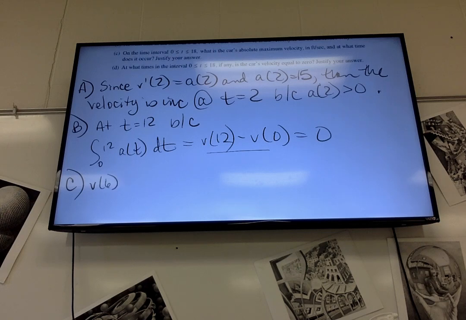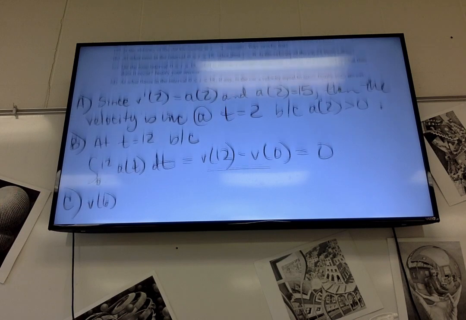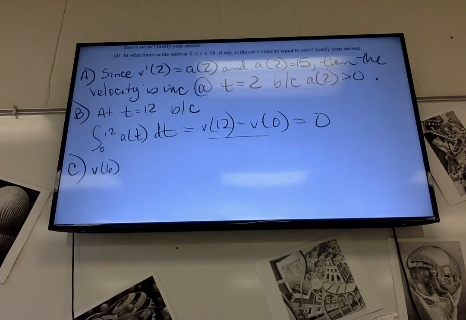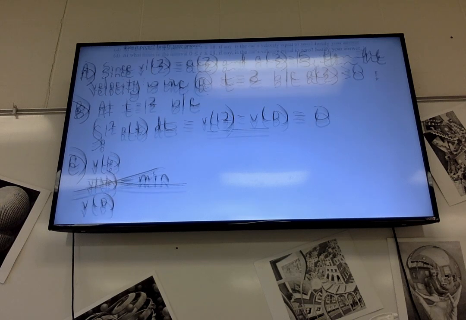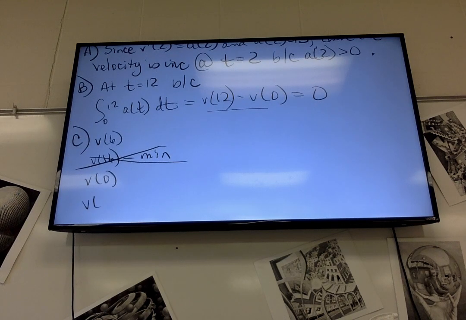So V of 6, V of 16, yes, but 16 is a minimum, so we can get rid of that one. That leaves V of 0, V of 6, and V of 18. V of 0 we know is 55.